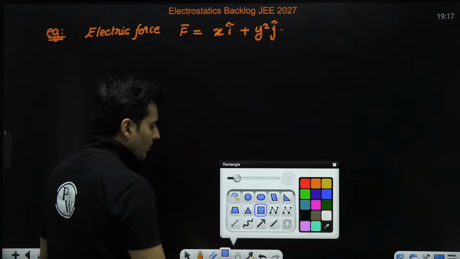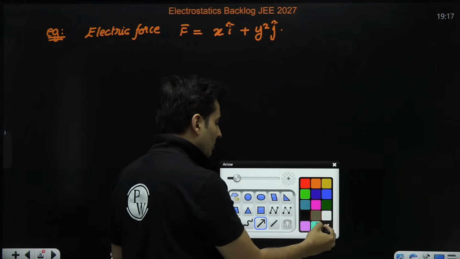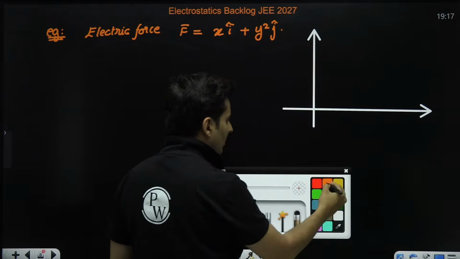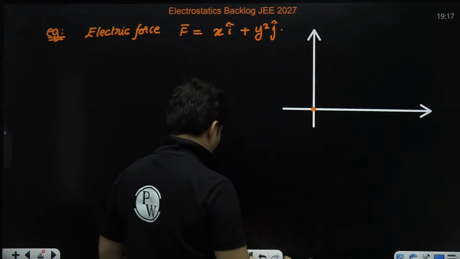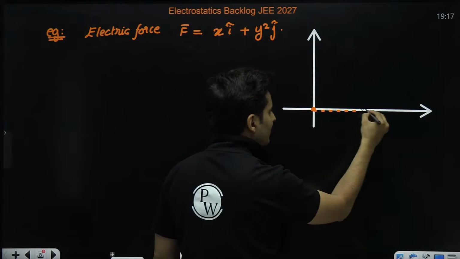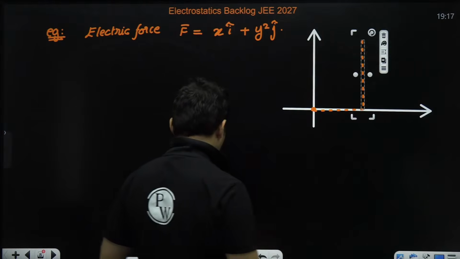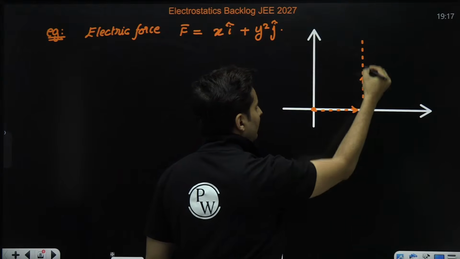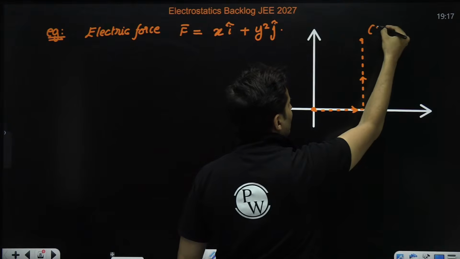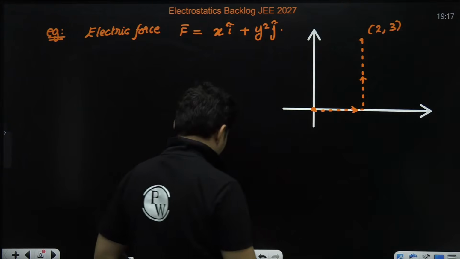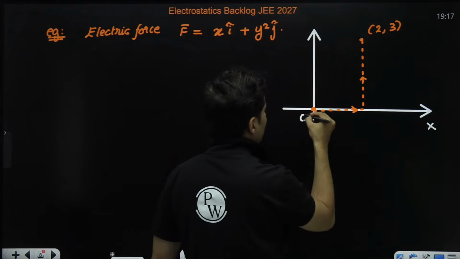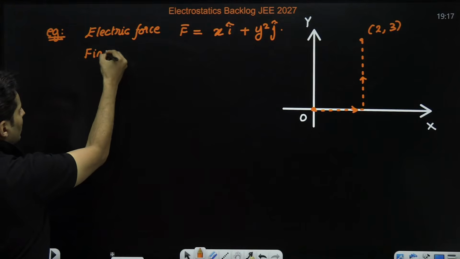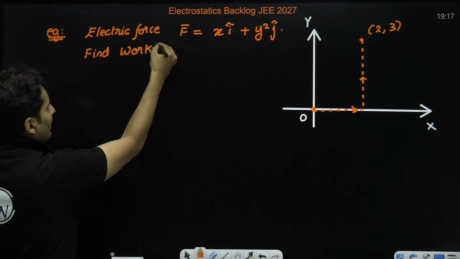It is also mentioned that this is how you're taking that charge. You're first moving that charge here like this, and then you're moving it over here, and you have finally reached the coordinates (2, 3). This is your x-axis, this is your origin, this is the y-axis. Can you now find the work done?